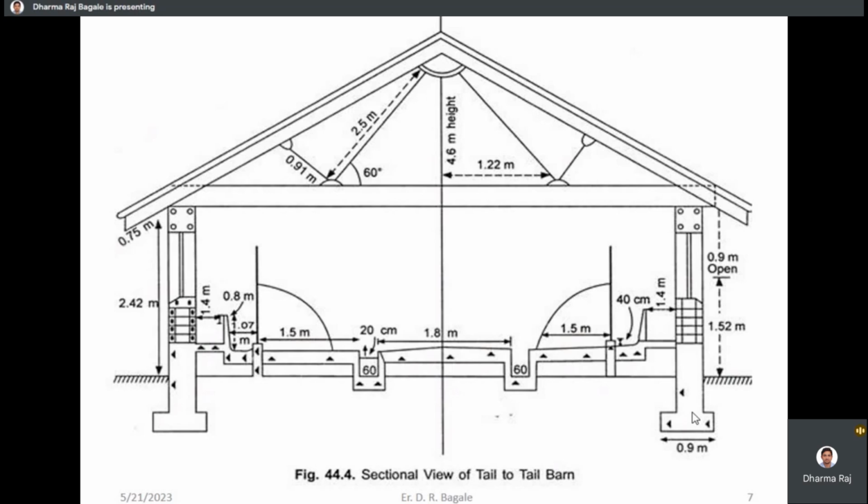So gable roof that is high at the center point will be sufficient, and total height of this roof may vary usually from around 5 meter to 5.5 meter, and the roof should have an overhang of nearly 0.75 meter, and height of the side wall is usually 2.5 meter from the ground surface, and you can see here the foundation, wall, and truss, everything in this picture.